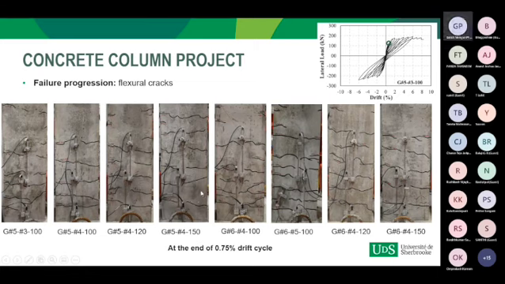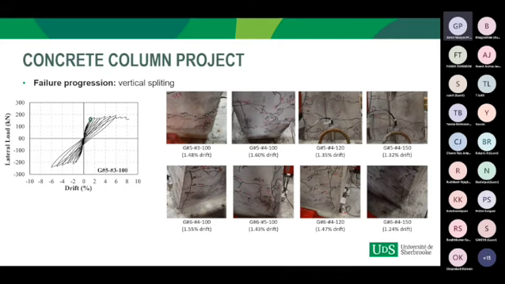Coming to what we observed during the experimental program, the initial distress in the column was due to the formation of horizontal flexural cracks, or tension cracks, which developed at a distance equal to the spacing of the transverse reinforcement. Further application of lateral drift caused the corner concrete to split vertically, which occurred earlier in the column with higher spacing of transverse reinforcement.